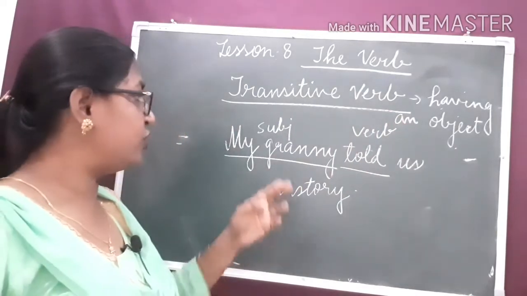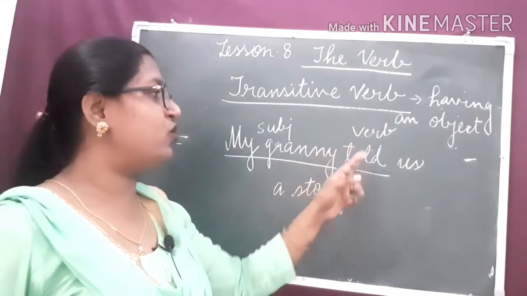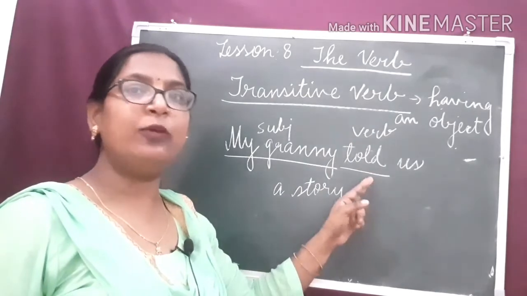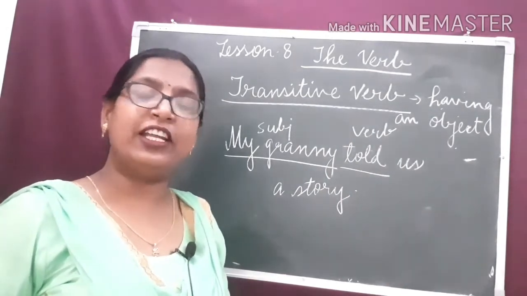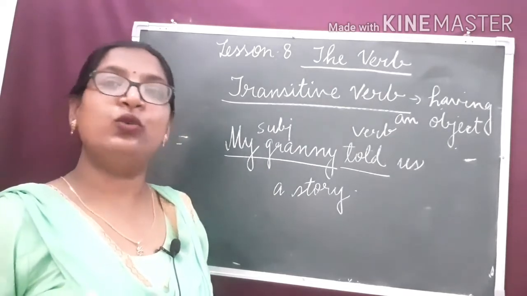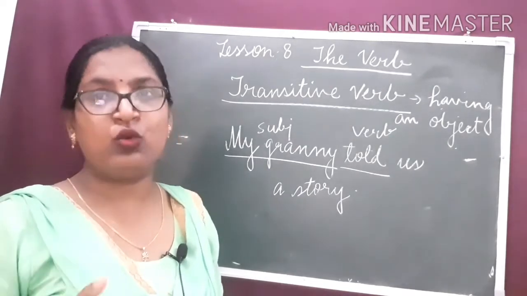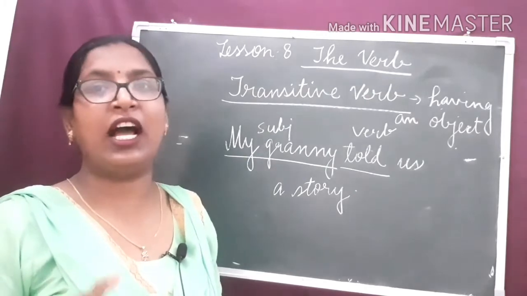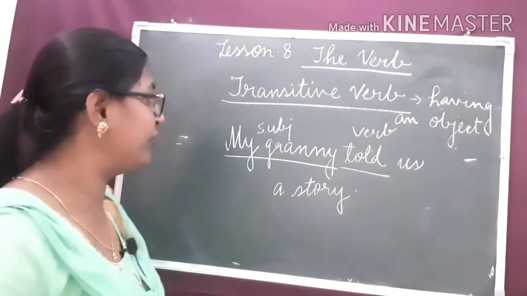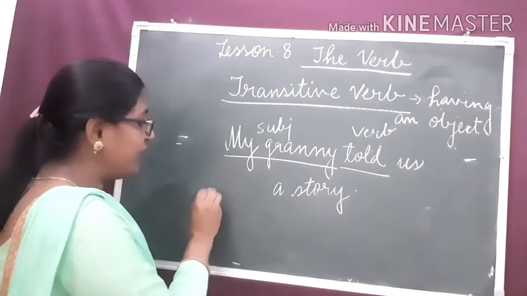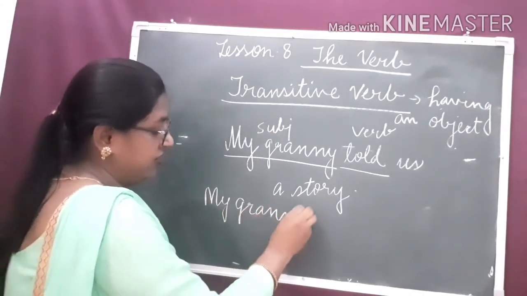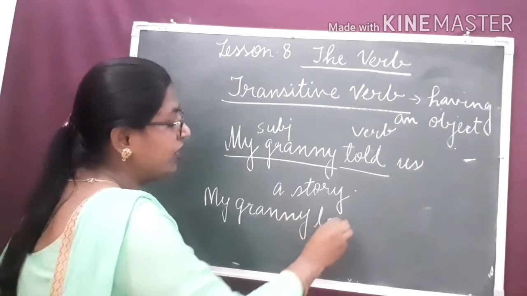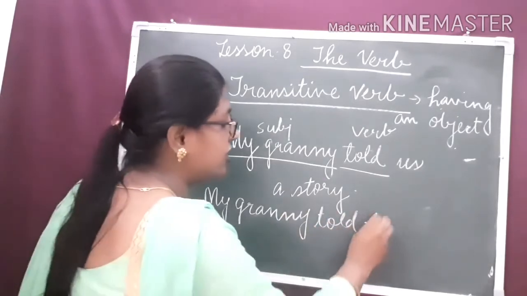Now, first of all, you should know what is the subject. Then you should know what is a verb in a sentence. And to find out an object, you have to ask two questions soon after the verb. How do we ask? My granny told what?